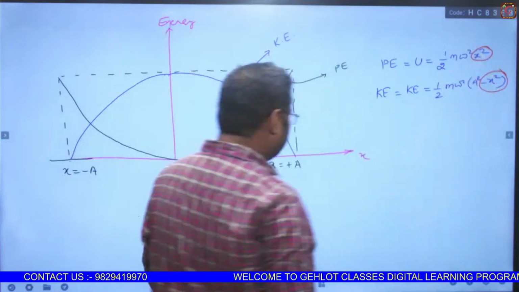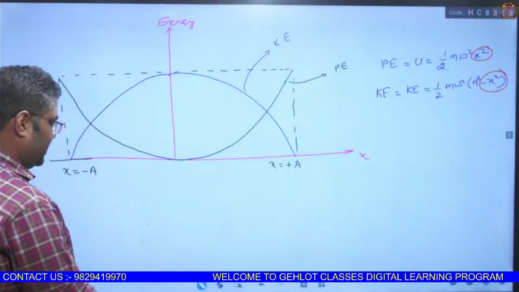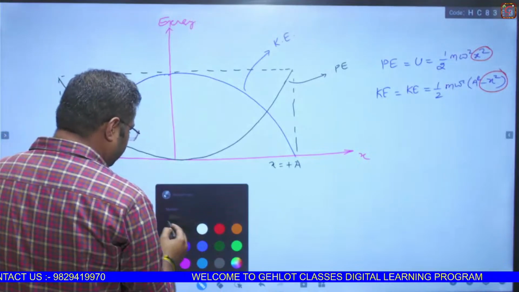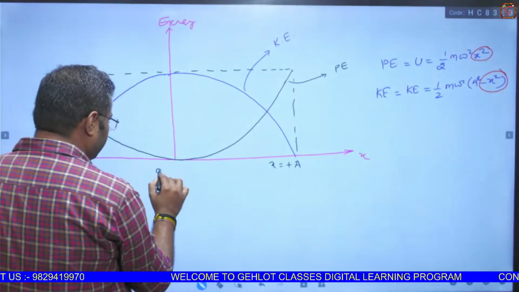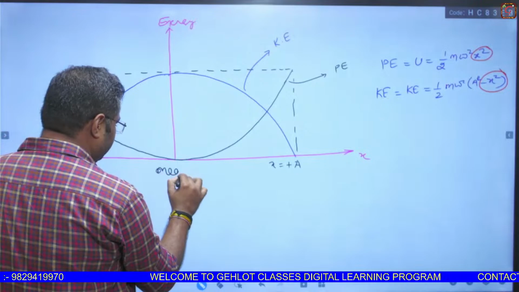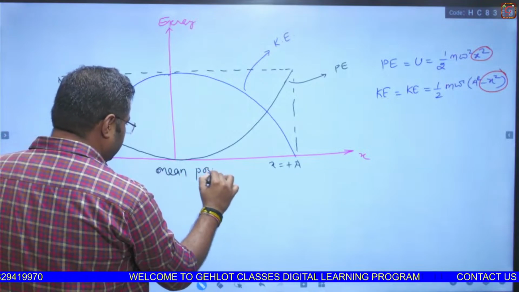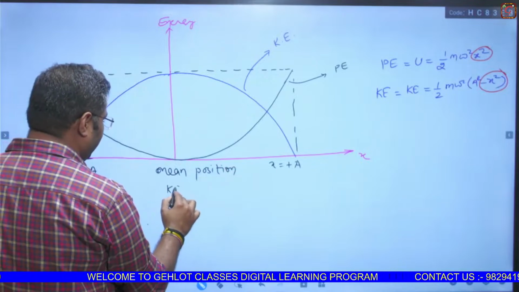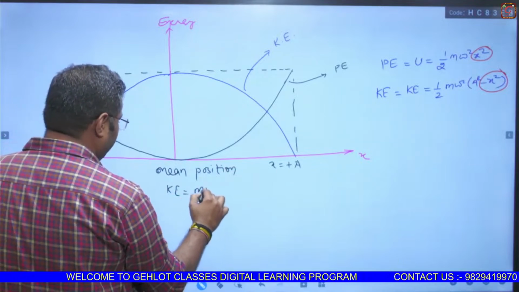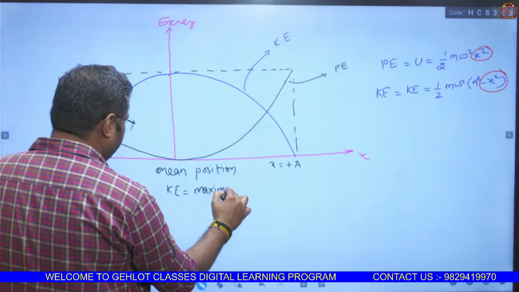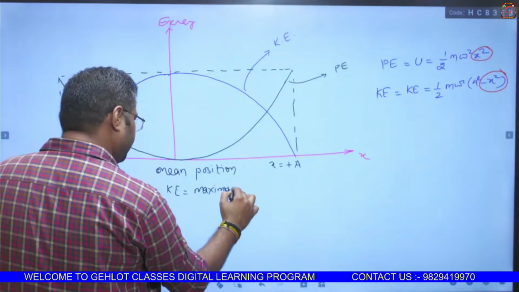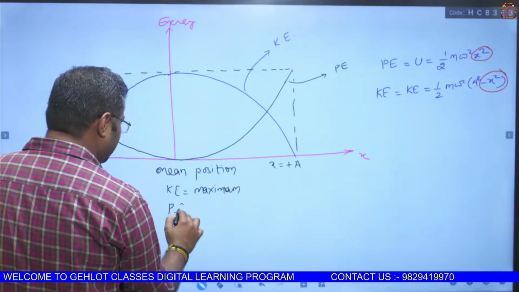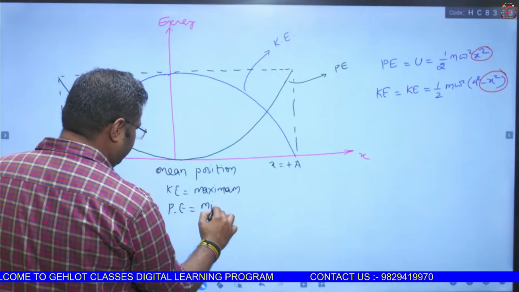Is this okay? So we can see clearly that this is the mean position. So at mean position, kinetic energy is maximum and potential energy is minimum.